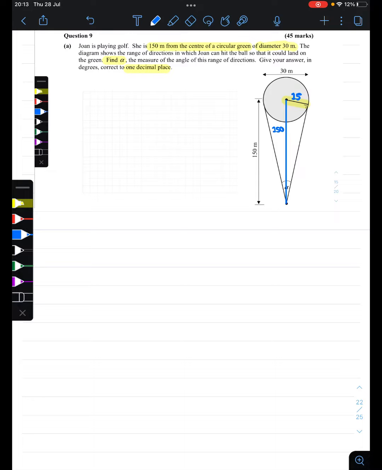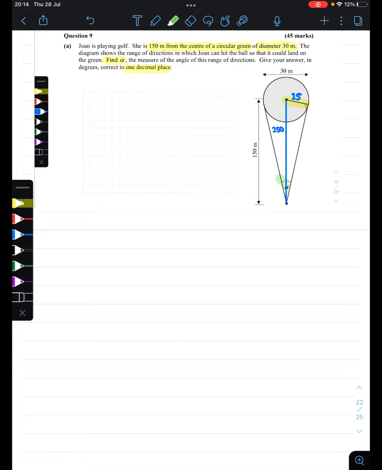Okay, and now what is it that we're trying to find? Well, we're trying to find alpha. And because we've drawn a line to the center of the green, this line, our blue line here, has bisected the angle alpha.